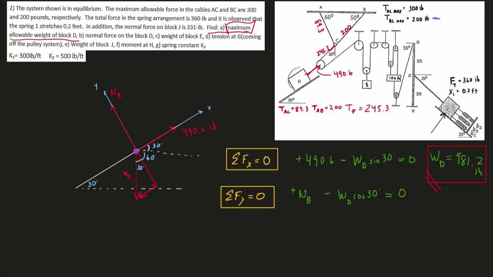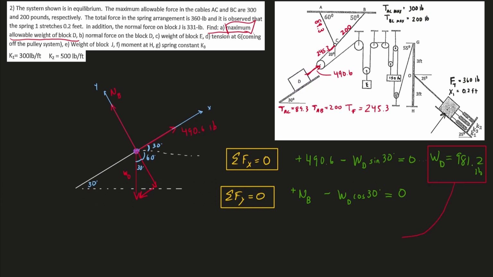So our weight D is just heavy enough such that BC is just about to break, really. Any more weight here and BC would be above its 200 limit. So this number here is truly the maximum weight that we can put in that block D.